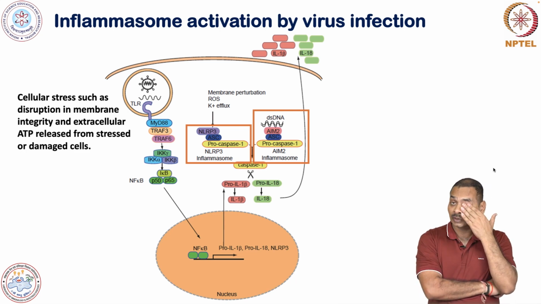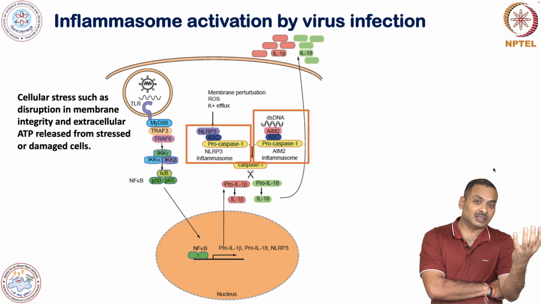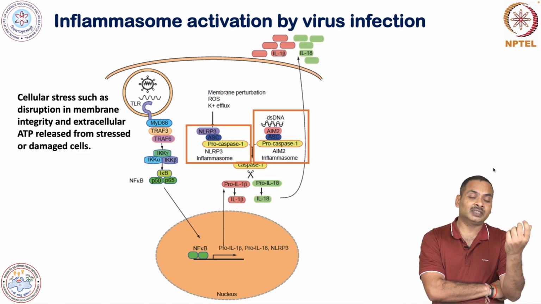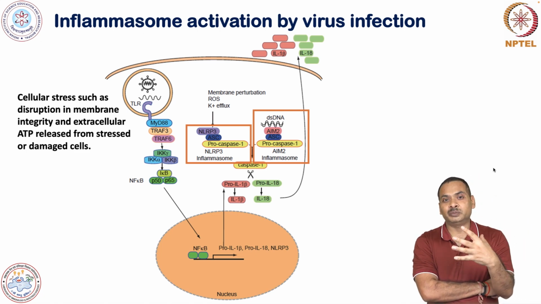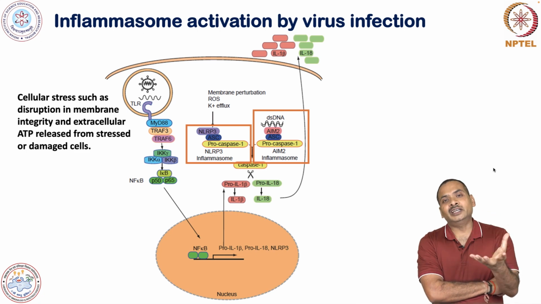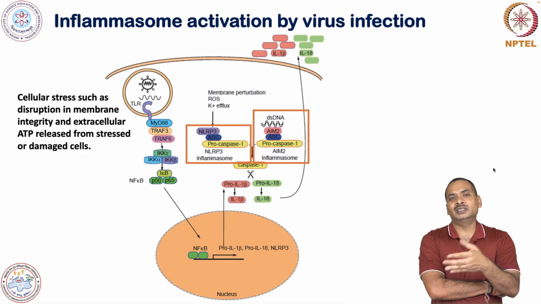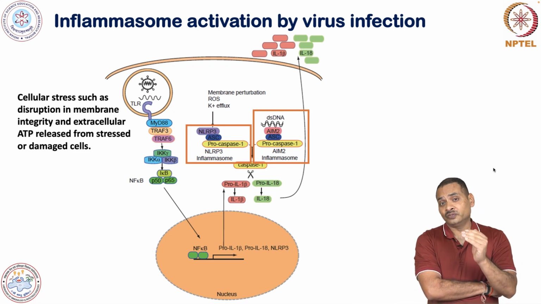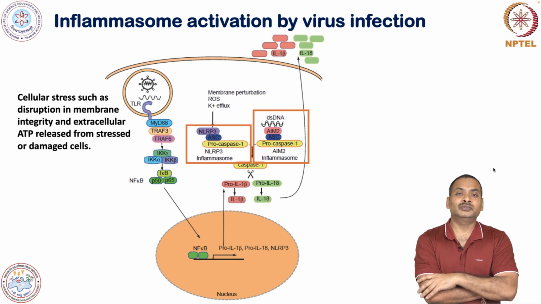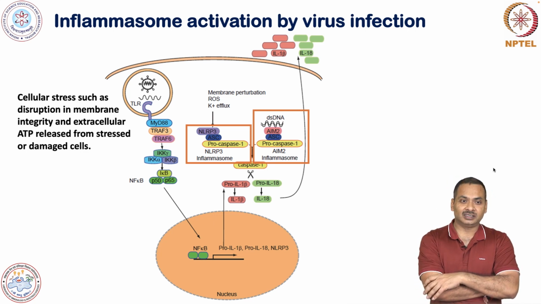So, you can understand that when other cells, which are already infected, are under stress, they will release ATP, and this ATP can be sensed by the NLRP3 inflammasome, and that will induce the production of IL-1 family cytokines, which consist of IL-1 beta, IL-18, and IL-33.